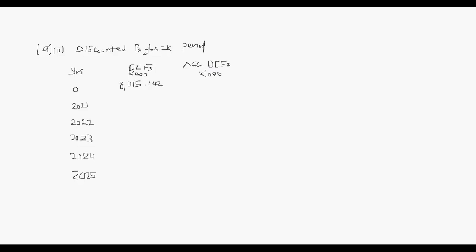Okay, so remember this is negative. Since we are starting, the accumulated figure will be the same figure, which is 8015.142, and negative. So let's go back to the workings. What was number 1?